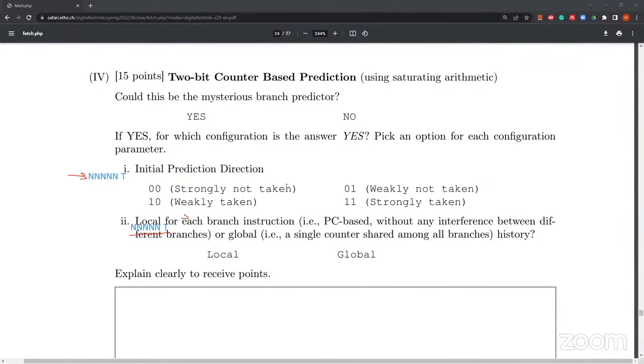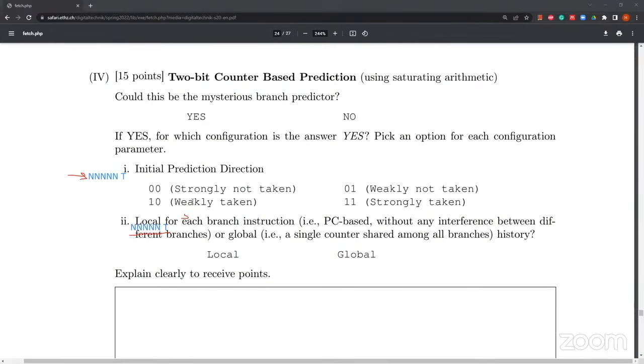If the actual branch outcome is taken, then the counter will be incremented to 0, 1. And from that point on, the prediction will still be weakly not taken. But once we encounter one more taken branch, the counter will be incremented one more time to 1, 0.